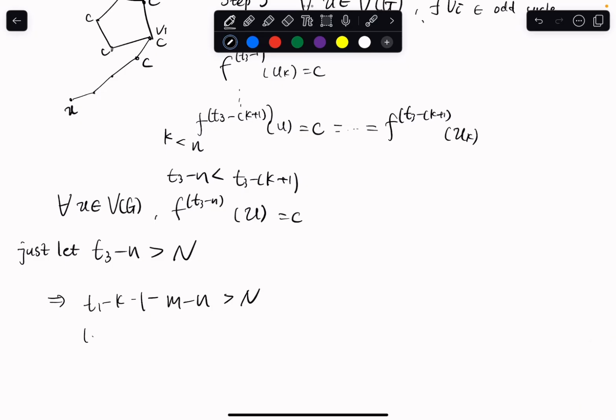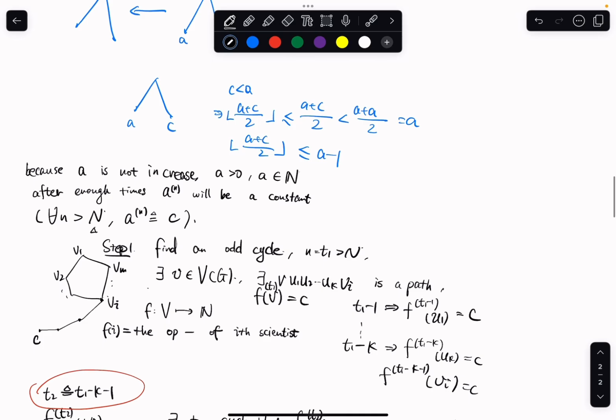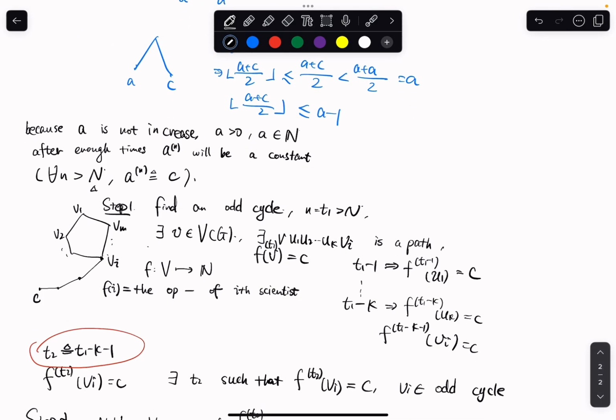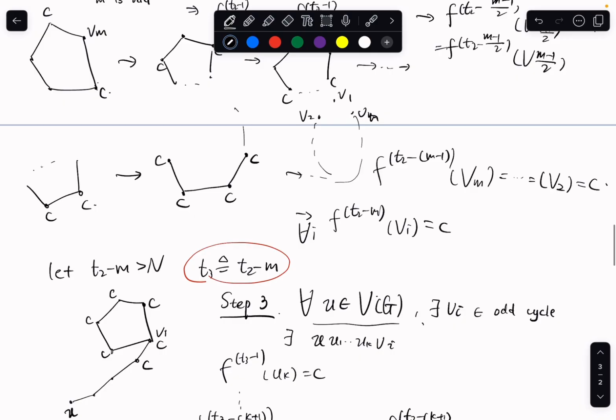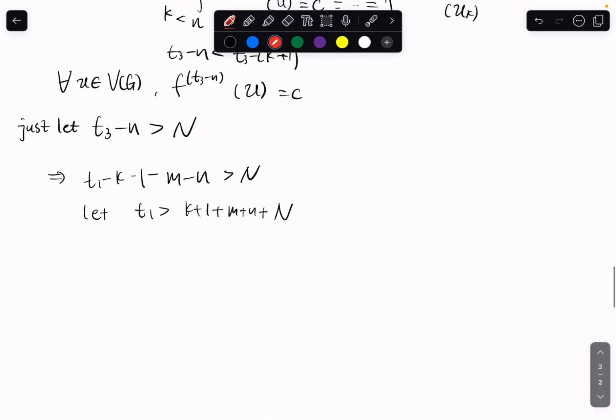Then just let t1 be greater than k plus 1 plus m plus n plus n, and this must exist. So t1 exists, and let everything be c after some time. So we have that the question is finally proved.